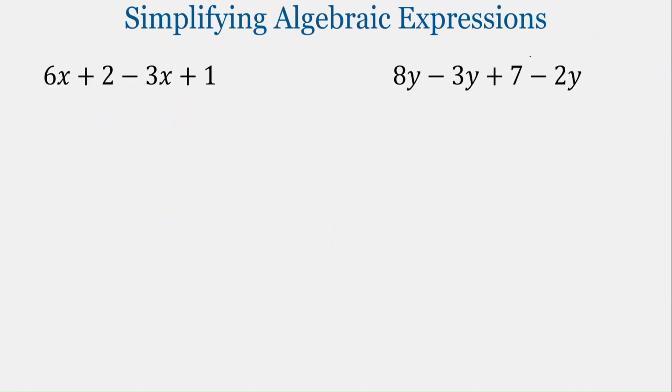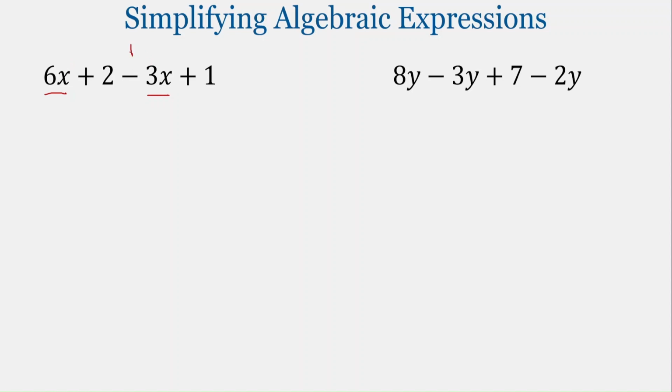So now let's practice a few of these without using a bar model. Our first step is to recognize those like terms. So we have the algebraic terms 6x and 3x. They both have the variable x raised to the first power, so x with an exponent of 1. These are like terms. We have minus 3x.